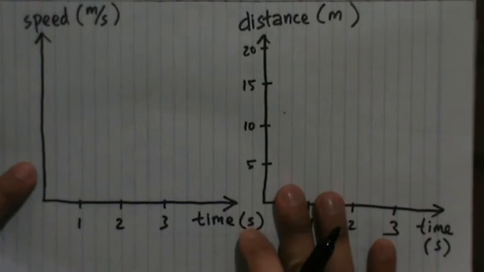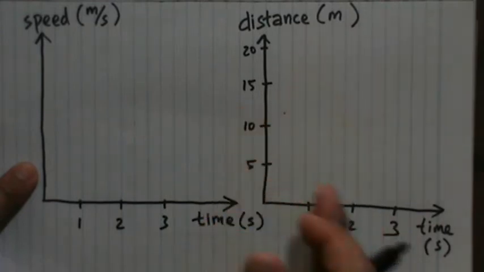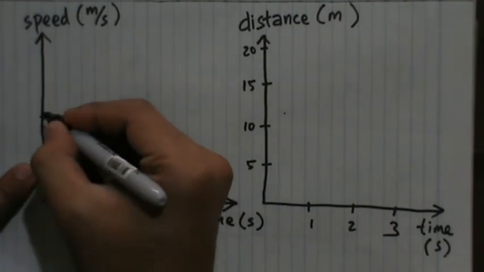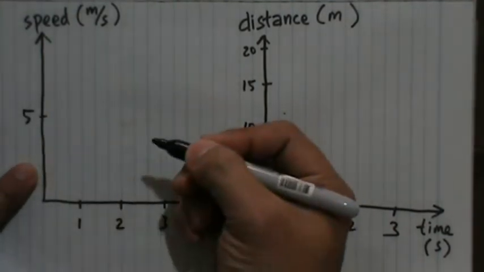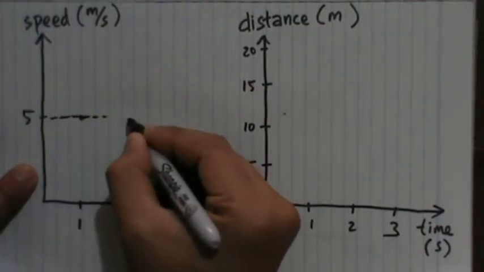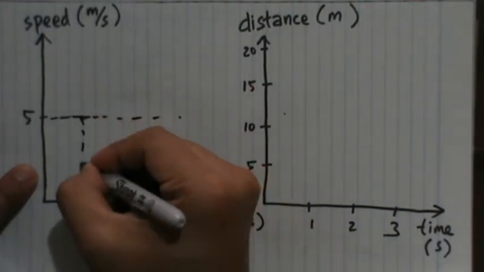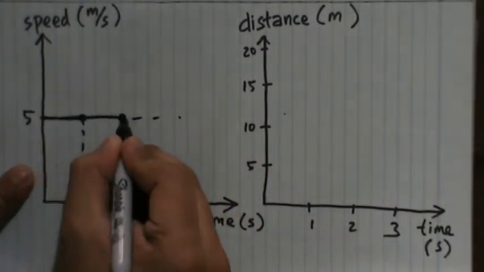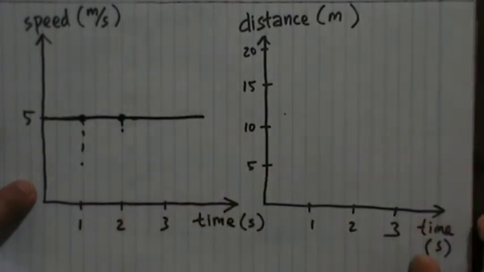Now we would like to connect the speed versus time graph and the distance versus time graph. We will use car A as an example. Car A is moving with constant speed 5 meters per second, meaning that every second the value of the speed is constant. So if you connect again, we will get a horizontal line like this.